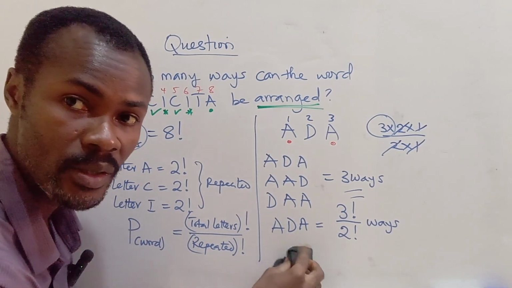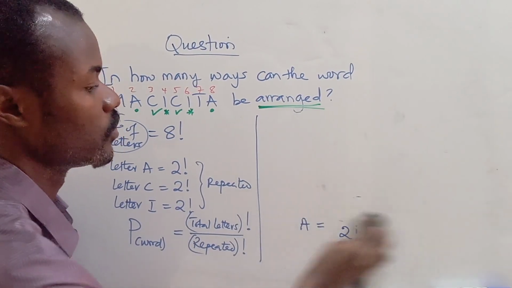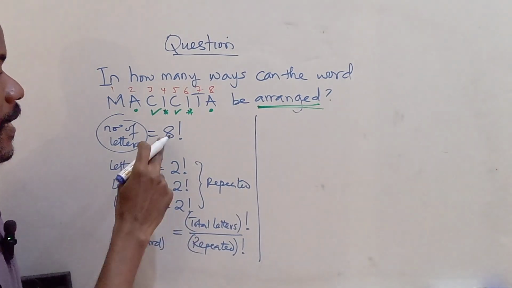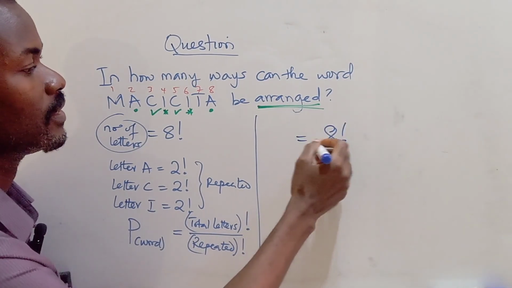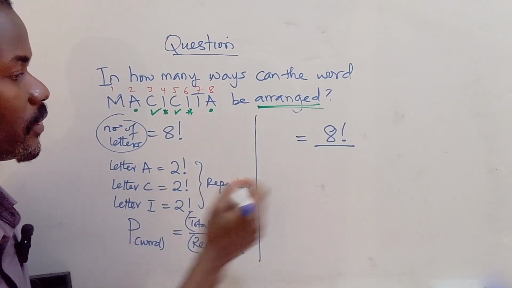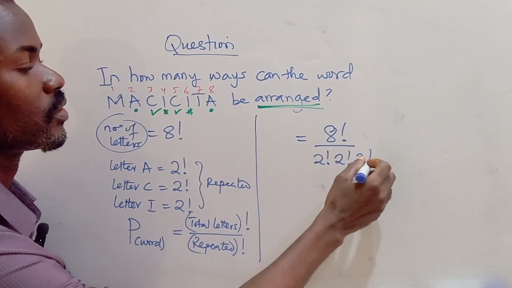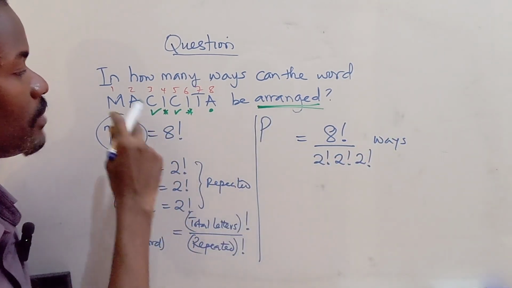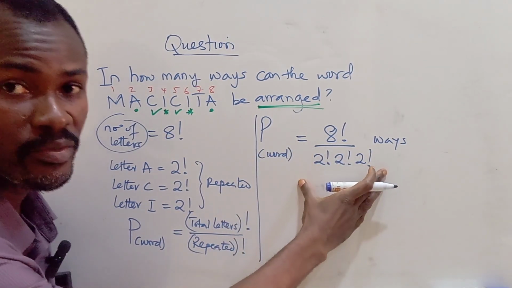So let's quickly substitute into the formula. The total letters is 8 factorial, so we have 8 factorial divided by the repeated ones, which are 1, 2, 3. So we have 2 factorial, 2 factorial, 2 factorial. So the arrangement of this word has this number of ways.